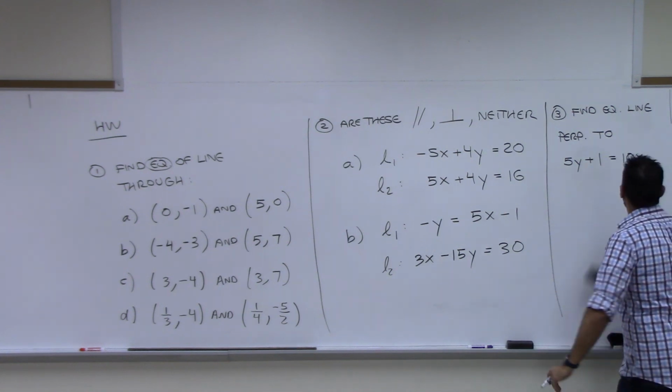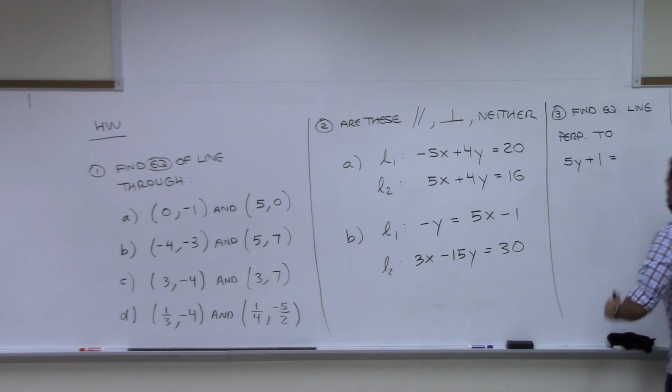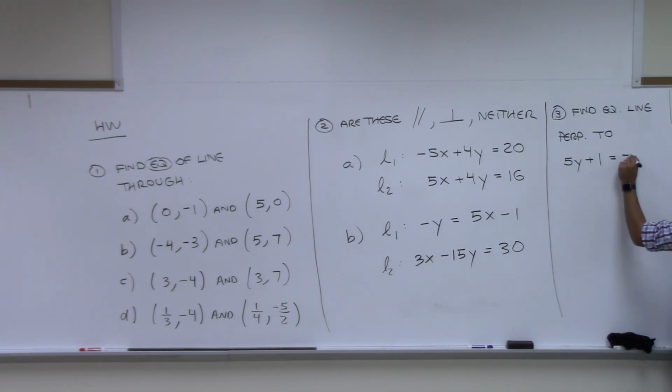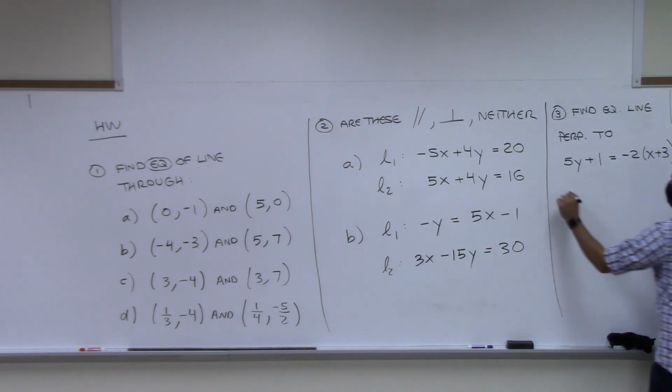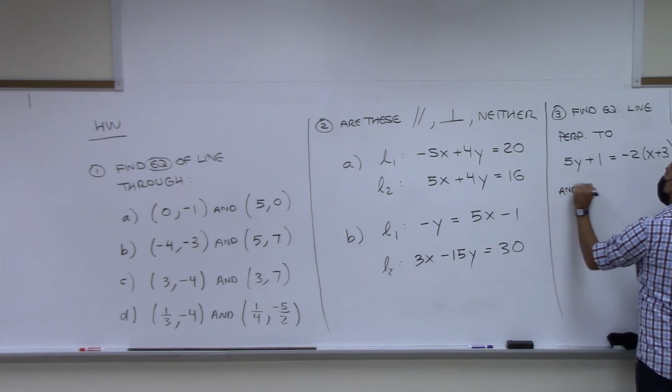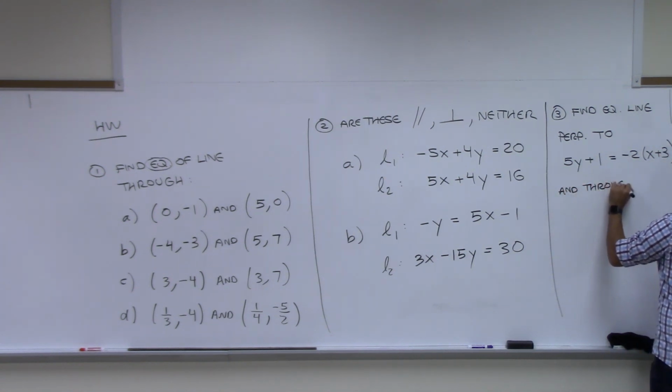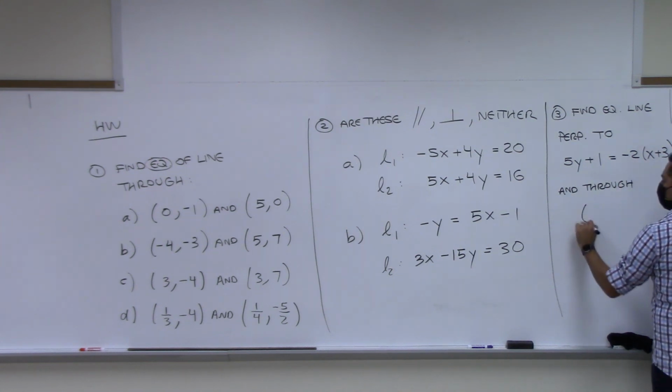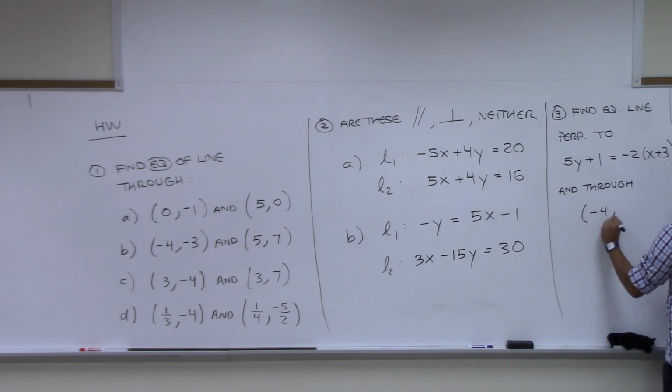I want to make this one a little harder for you. I'm going to challenge you all a little bit. How about we do this? Negative 2 parentheses x plus 3. And through negative 4, 8.